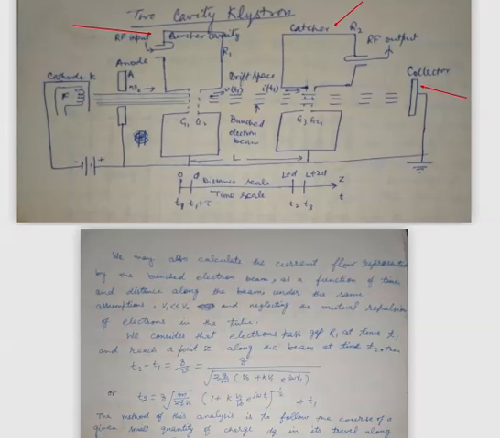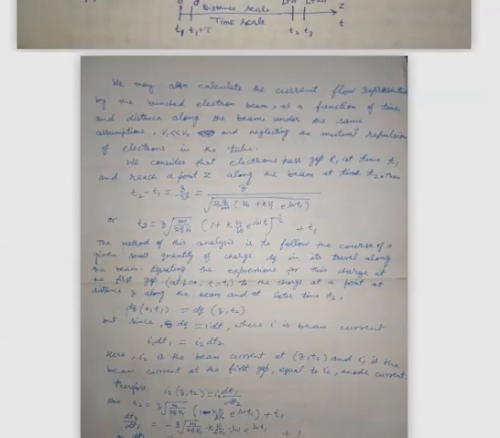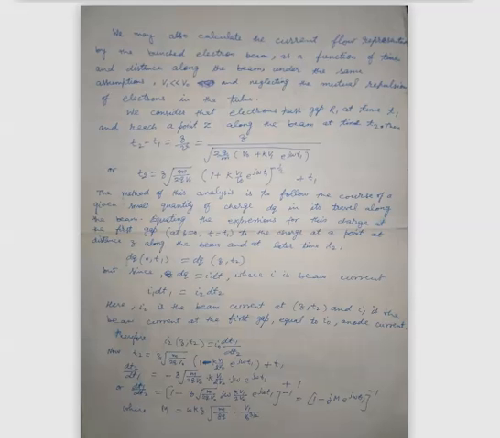Now we will calculate the current flow represented by the bunched electron beam as a function of time and distance along the beam under the same assumptions: V1 much less than V0, where V1 is the amplitude of the AC field employed between the G1, G2 grids of the buncher cavity, and capital V0 is the DC potential applied between cathode and anode.